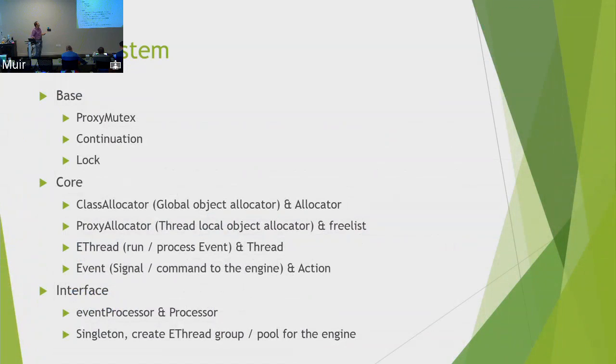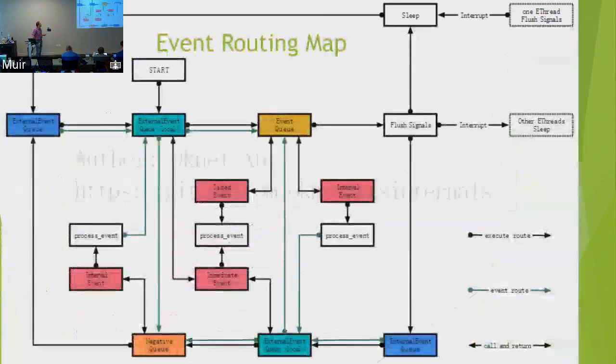So I tried to understand the event system and the event loop, and I drew the event loop map. It shows how the regular event thread processes events from three queues: the external queue, the event queue, and the negative queue.